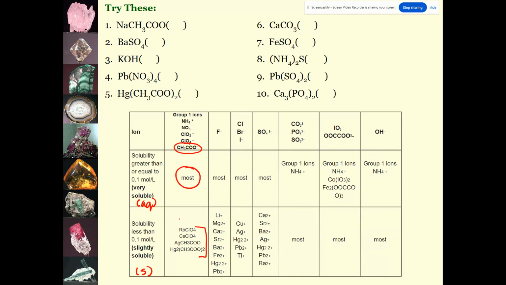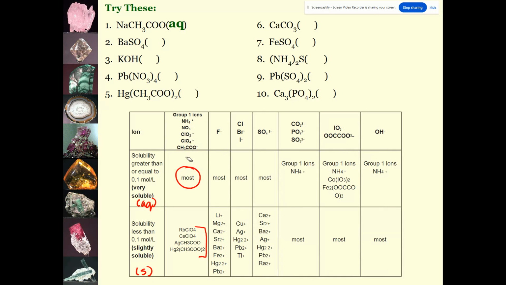So what this chart is essentially saying is that most ions with acetate are going to be aqueous, with the exception of the following compounds listed below. So if it's not in the list of things below, that means it fits in the middle row, and therefore that compound is aqueous.